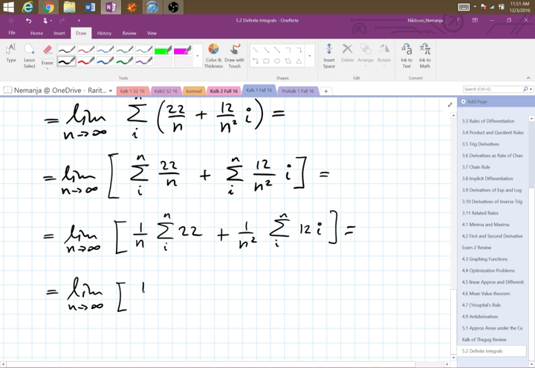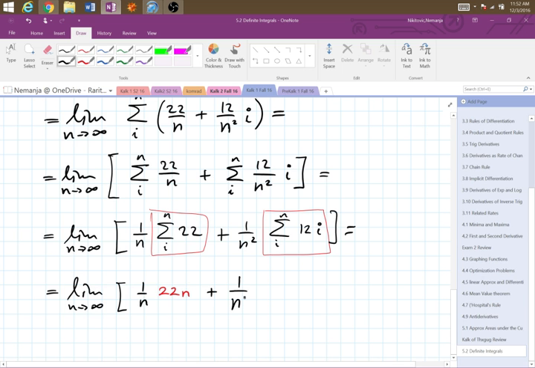Now the formula for this and this. Formula for this one, the first one, is 22n. There is a formula, well, I'll write them later so I don't ruin the continuity here.